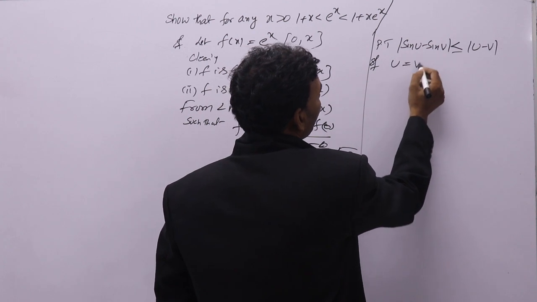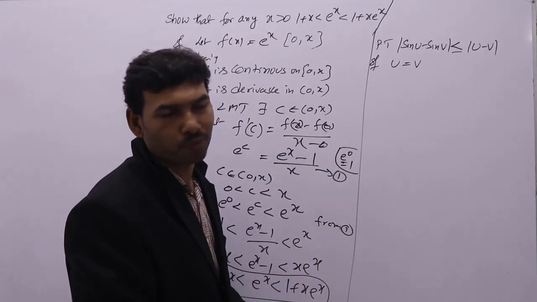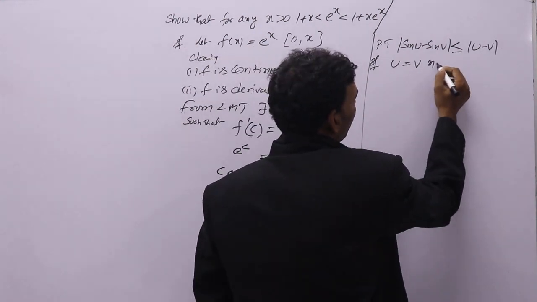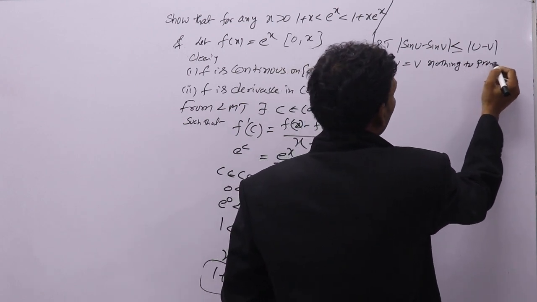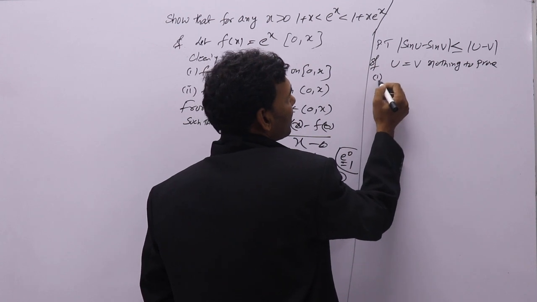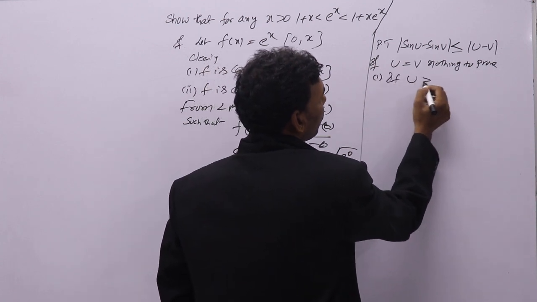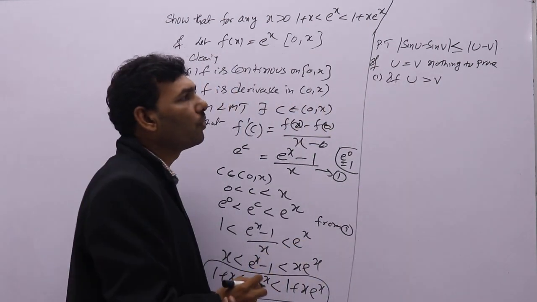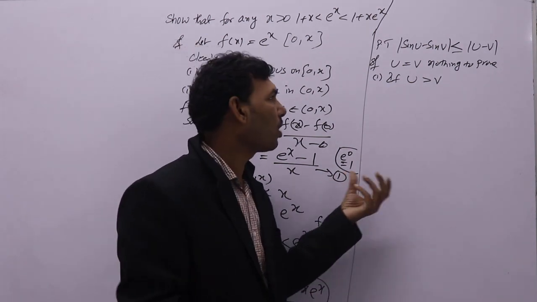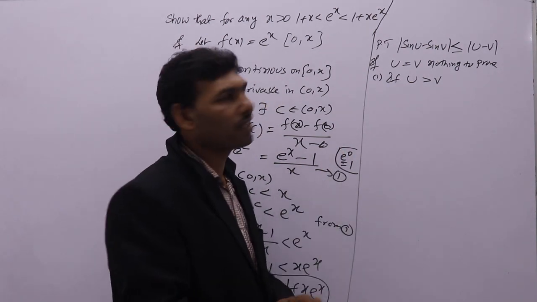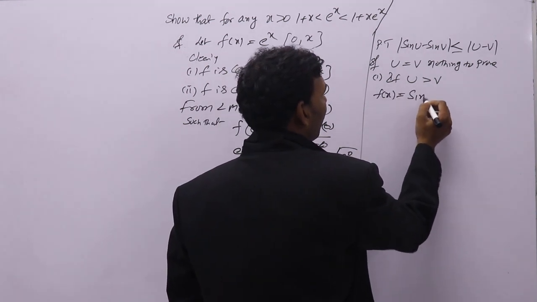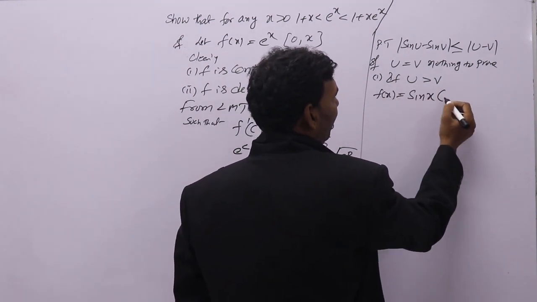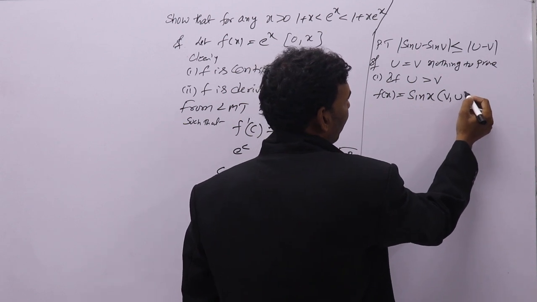If u equals v, there is nothing we need to prove, because 0 is less than or equal to 0. So for example, one case: if u is greater than v, which means v is smaller and u is bigger than v, then assume a function like this: f of x equals sin x, on the interval with smaller value v and bigger value u.